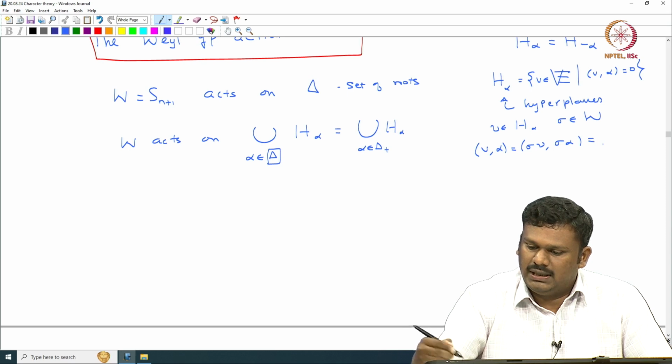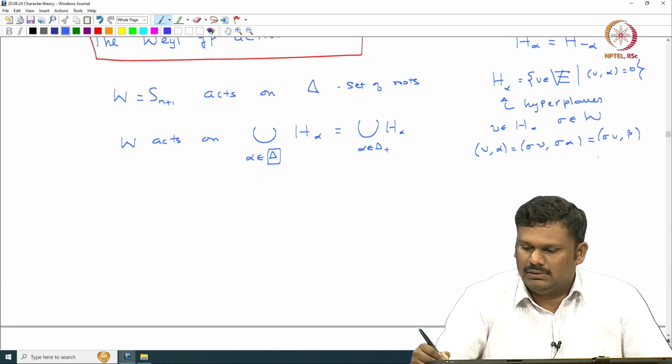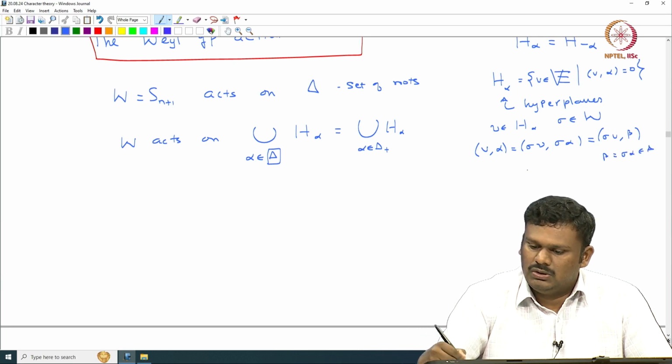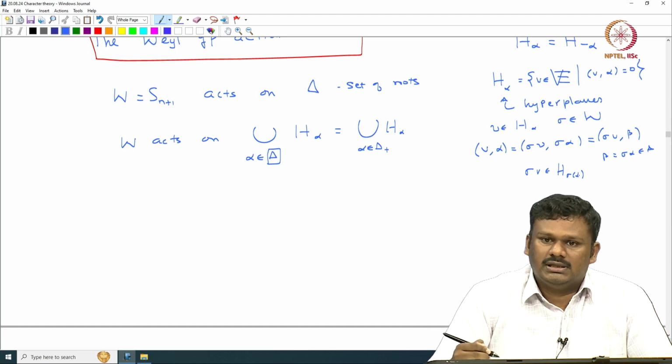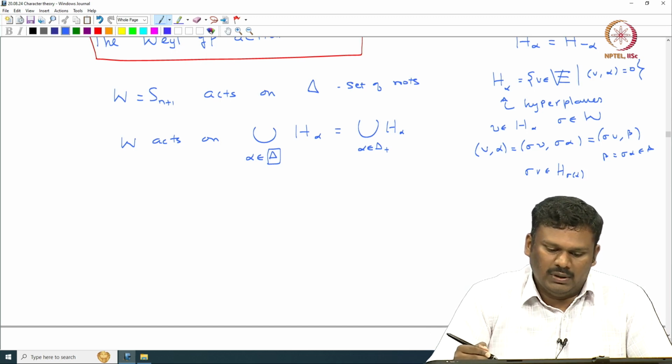So, that tells you that the inner product of sigma v and beta is 0 for beta equal to sigma alpha, which is in delta. That means sigma v is inside H of sigma alpha. So, this tells you that W acts on this union of H alpha.